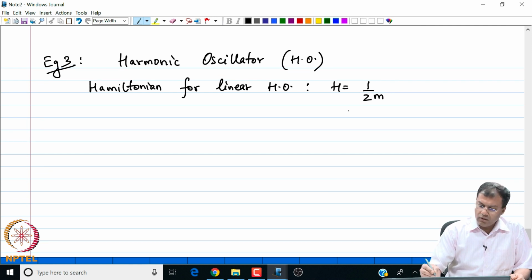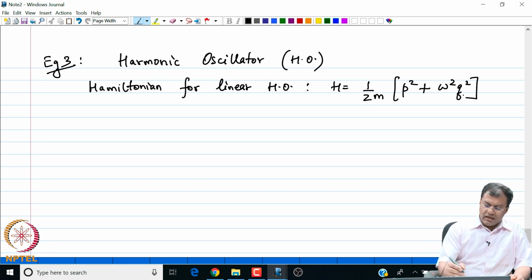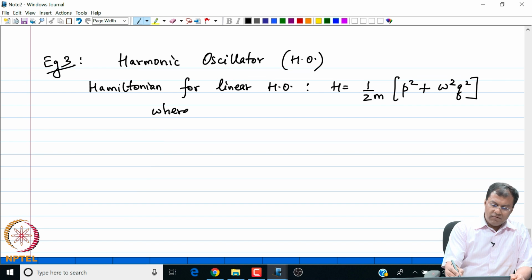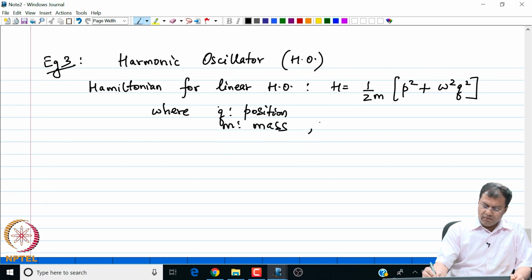So the Hamiltonian is given by 1 by 2m times p square plus omega square q square, where q is the position, m is the mass, and t is the time of integration, which we will see soon.